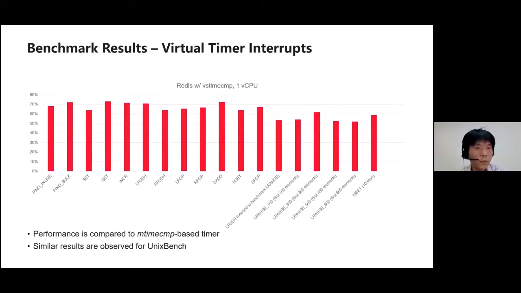With one vCPU and the virtual timer interrupt extension, we observed around 60% to 70% performance boost compared to the original solution. The gain mainly comes from the elimination of the traps to update the timer and to deliver the interrupts. Similar results are observed for Unix bench.